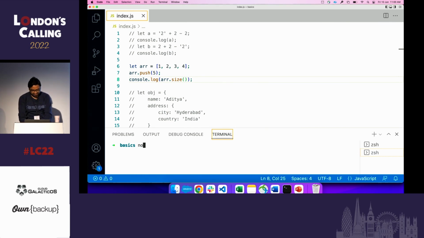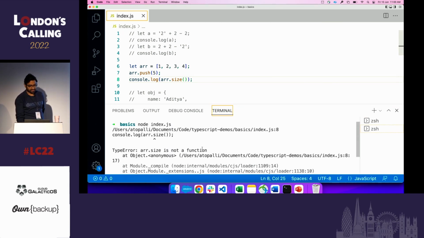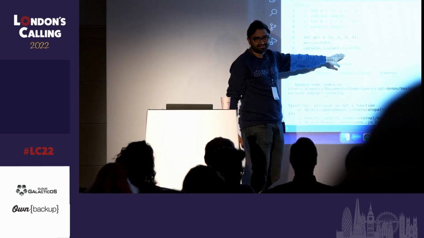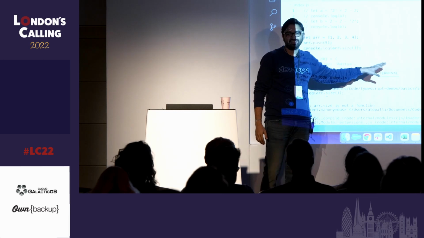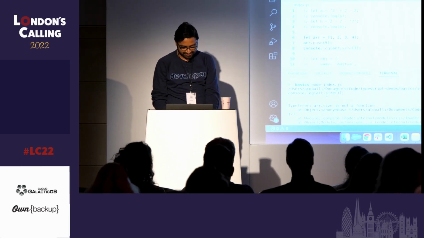Maybe you'll get a swag if you answer it correctly. As you see, it returns an error because array.size is not a function. Yes, because all of you have been working with Apex. That's how you get it in Apex. But in JavaScript, it is array.length, right? So those are the minor mistakes that you can make.